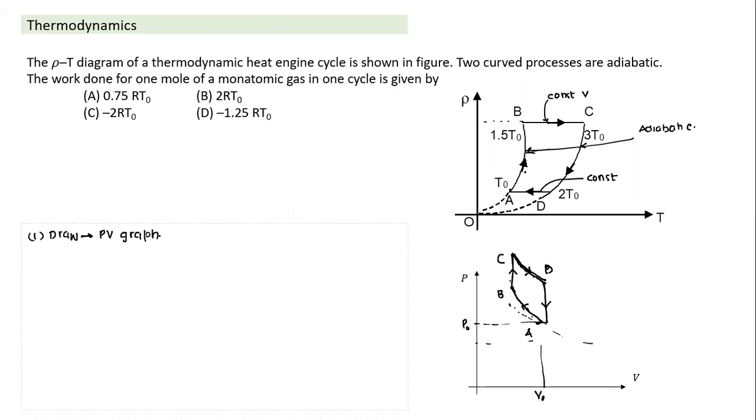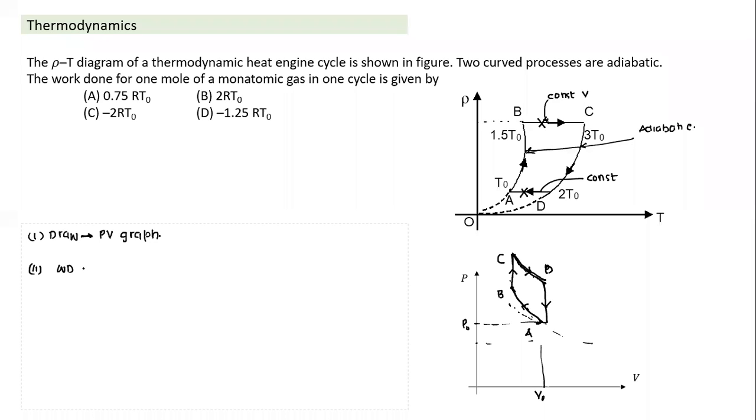Work may be done in four different steps, but I easily notice that in two of the four steps volume is constant, so no work is done in those processes. I need to calculate work done only for the A to B step and the C to D step, which are the adiabatic curves. So to calculate work done, now I'm coming to the second part.